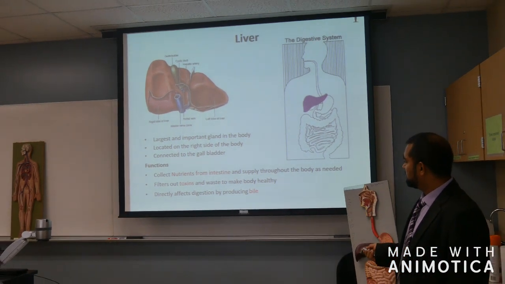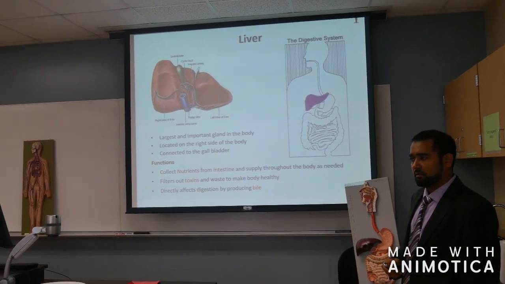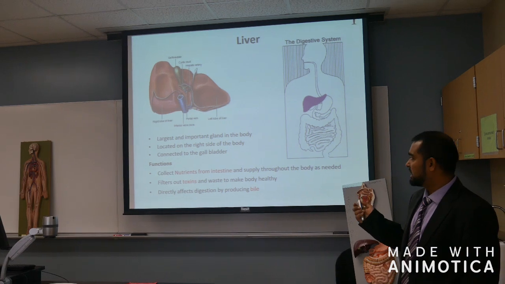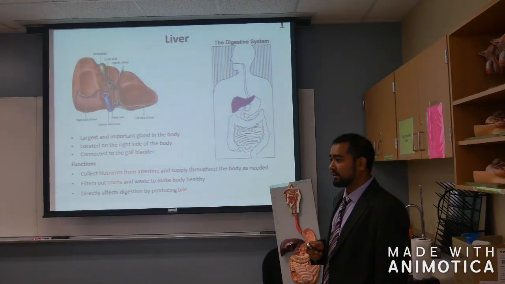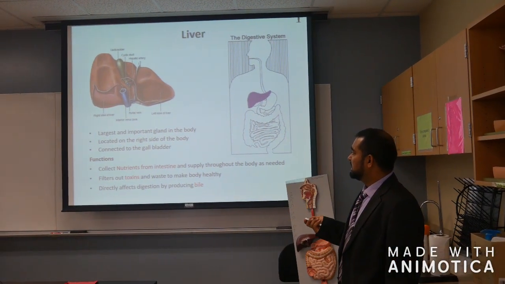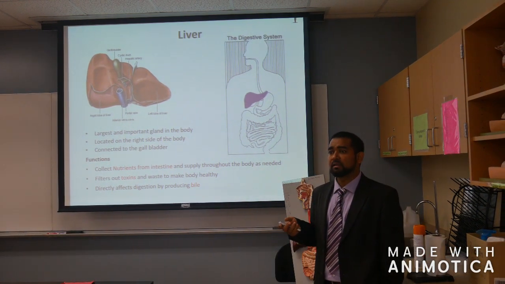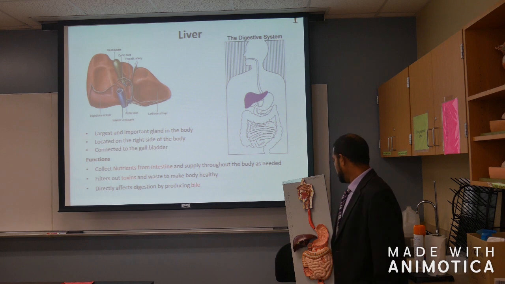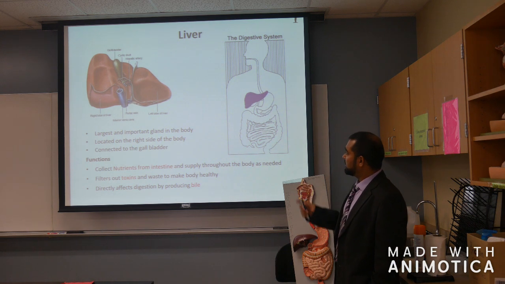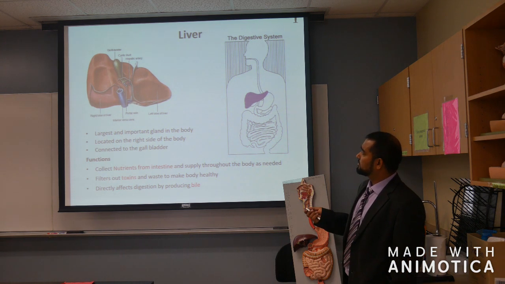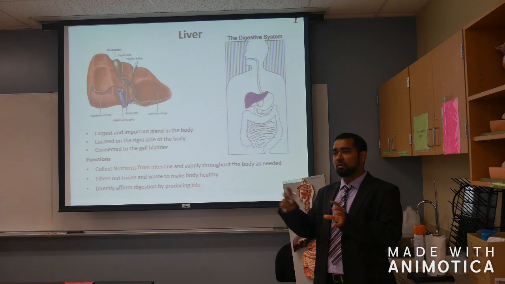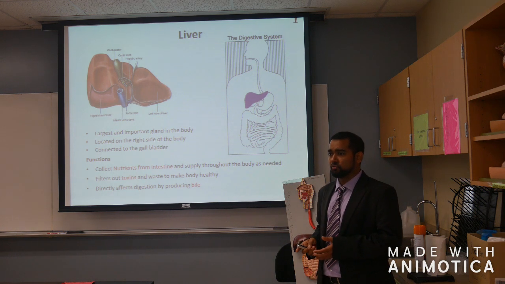Bile is extremely important. Bile is the one which digests the fatty substances. What it does is actually emulsify the fatty molecules so that they can digest quickly in the stomach. The liver also transfers this bile to the gallbladder to save for the future.